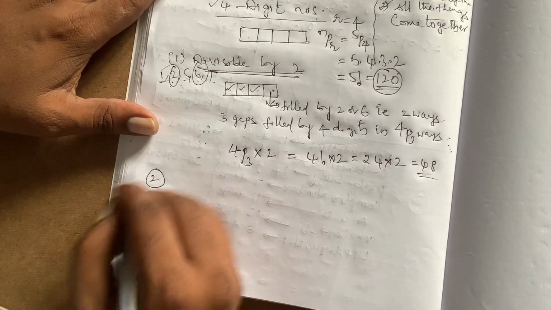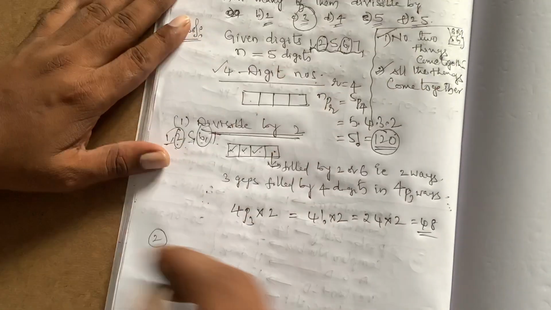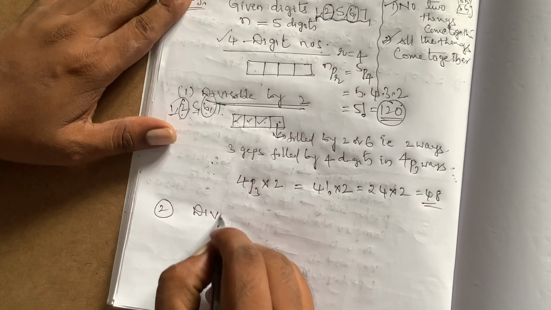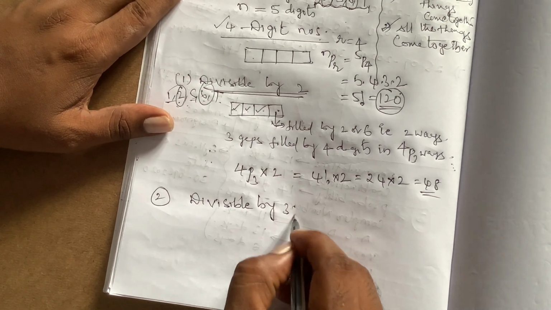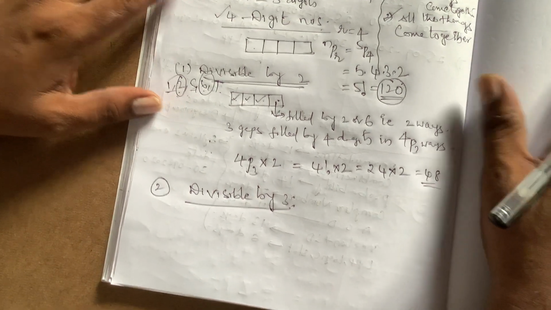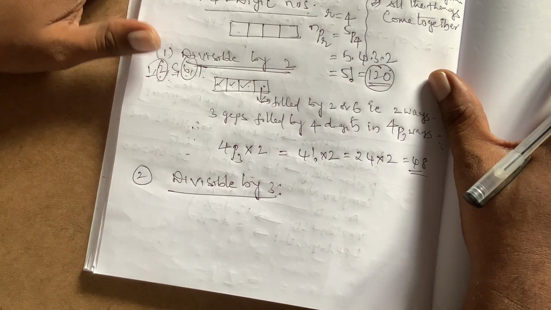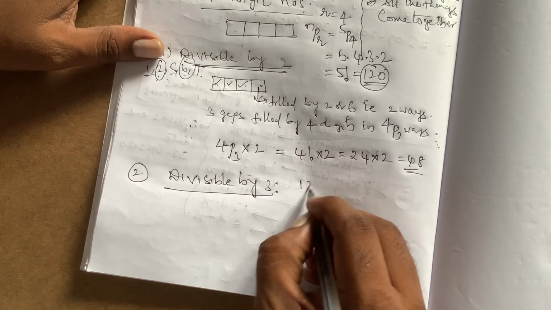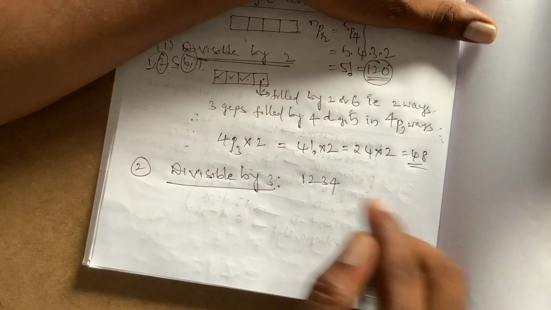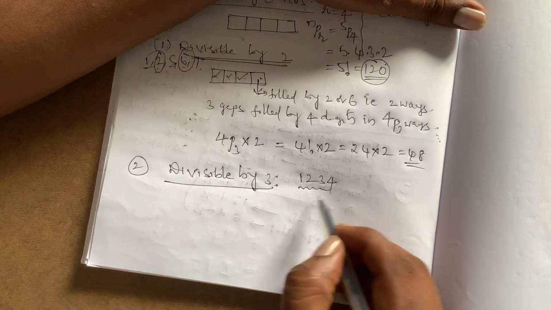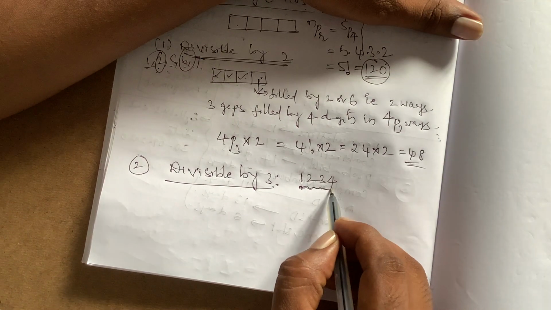Next, divisible by 3. Listen. What is the condition for divisibility by 3? For example, if a number is given like this, how can you directly check whether the number is divisible by 3 or not?